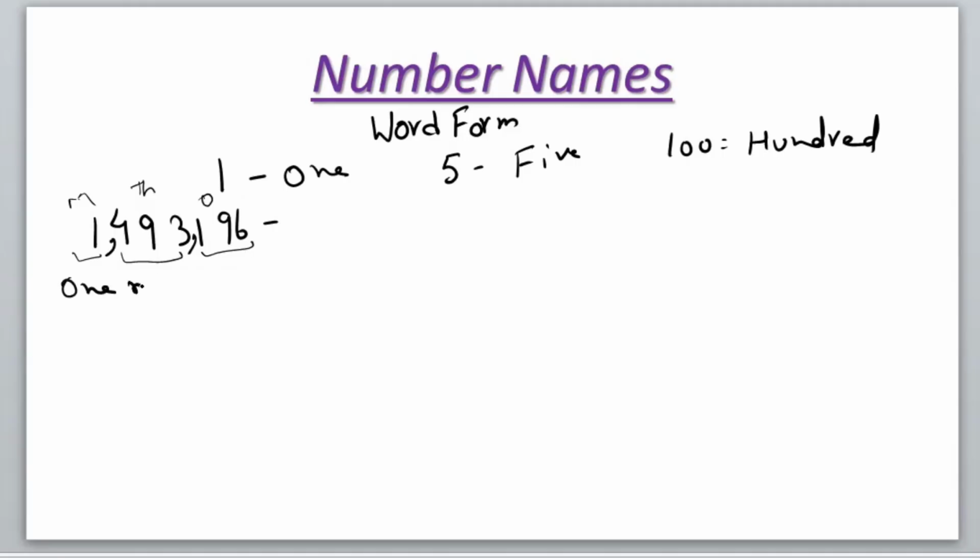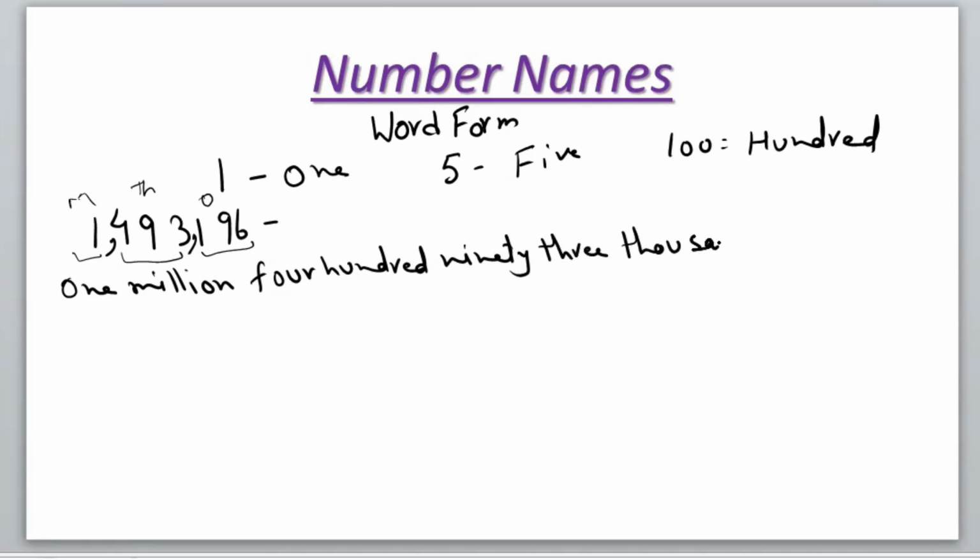Always remember to mention the period also in which that number is placed. Okay, then 493,000, because these numbers are placed in the thousand period.